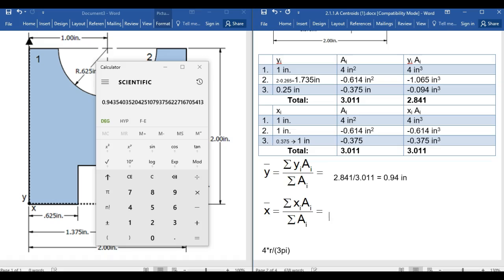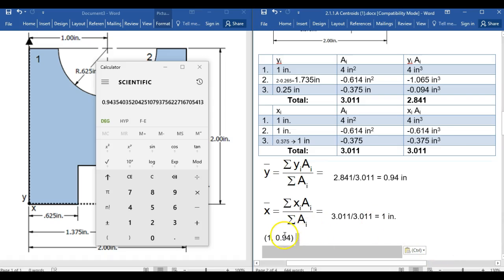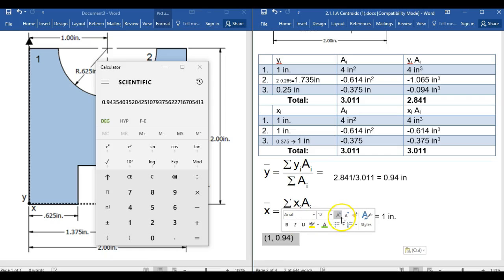And then I can come down here and do 3.011 divided by 3.011, because I'm doing my sum of xA divided by my sum of A. And when I do that, obviously, I get 1 inch. And so I have my x, y pair of 1, 0.94. Bada bing. Right there.